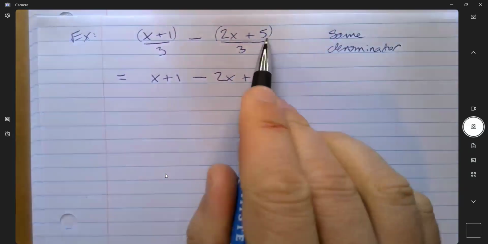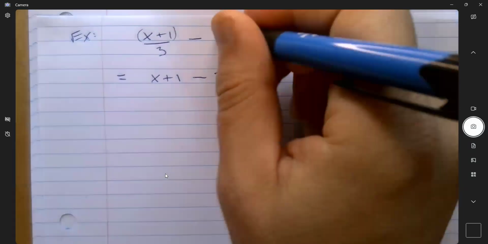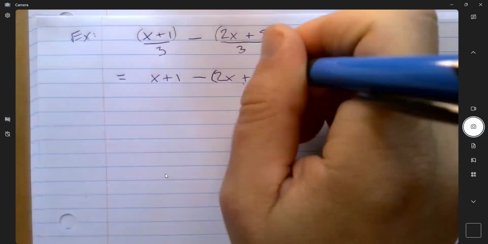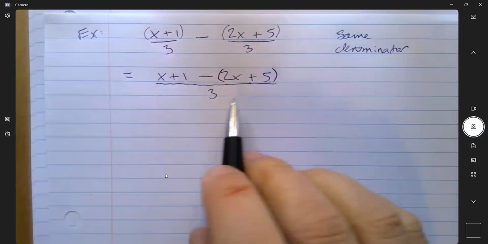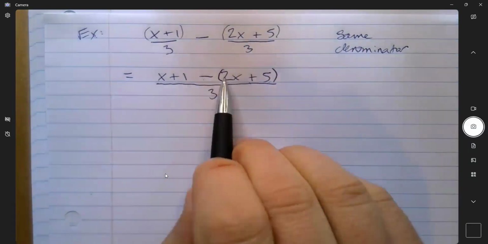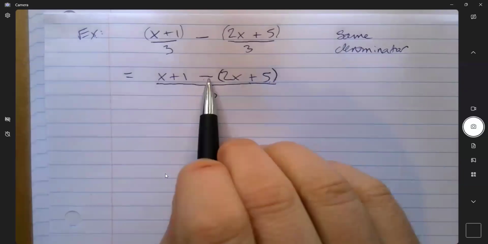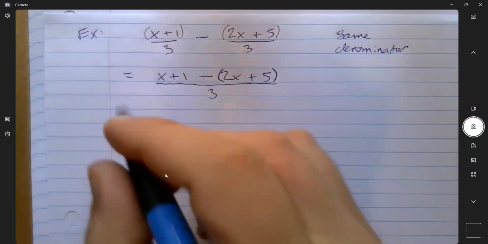If I don't have the parentheses, it looks like I'm adding a 5. But because there's an implied parentheses, I need to include that parentheses when I combine the terms. Because I'm subtracting 2x plus 5, which means I'm subtracting 2x, and I'm also subtracting 5.